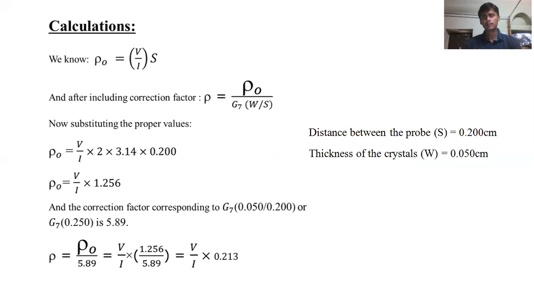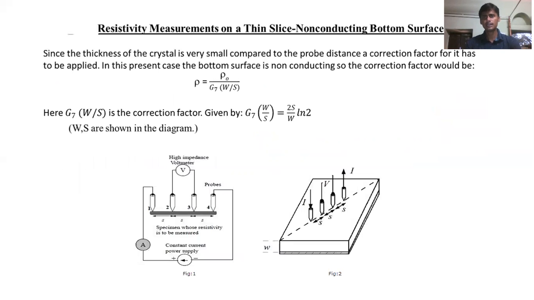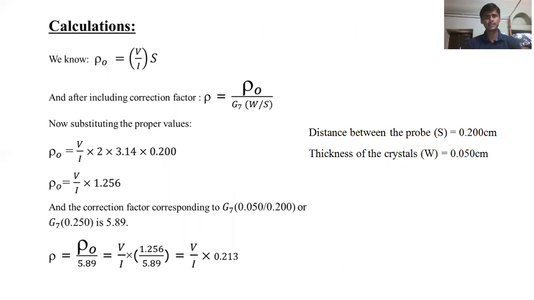Because the width of the germanium semiconductor, that is W, is much less than the consecutive probe distance. That's why you use G7. And the G7 value is 5.89.